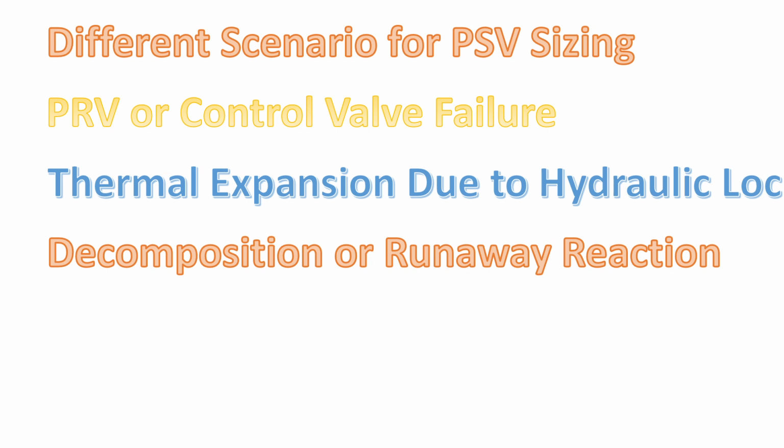For this we have to size the safety valve based on its DTA or DSC. DTA is the differential thermal analysis method, or some industries use differential scanning calorimetry or reaction calorimetry to get its results. And DTA is basically a graphical representation of difference in temperature versus time.